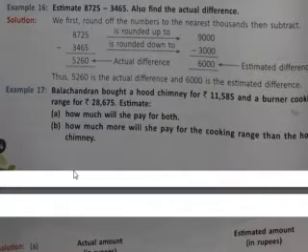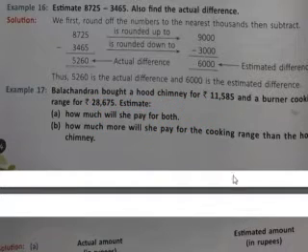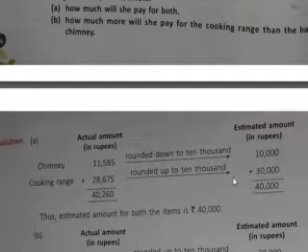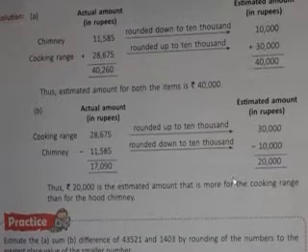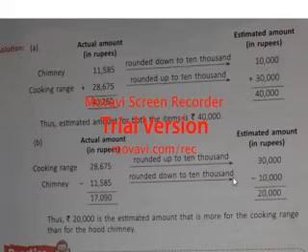Now for that, what will you do? You will subtract the wood chimney from the cooking range. That means from rupees 28,675 you will subtract rupees 11,585. You can see the solution over here, this actual amount in rupees has been given.